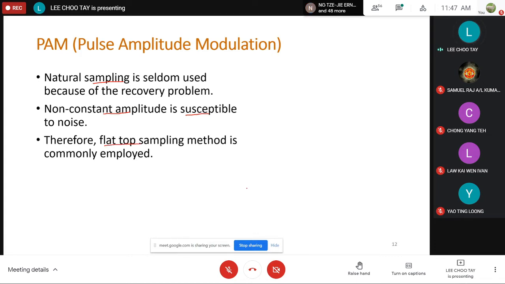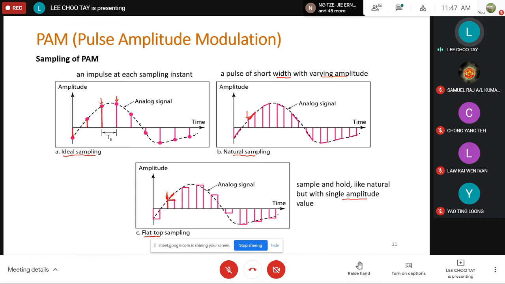We only read the amplitude of the analog signal, or the modulating signal, at the instant of sampling, and we hold it there. This is okay as long as our sampling frequency is high enough. Then we can reconstruct or represent this signal quite correctly.